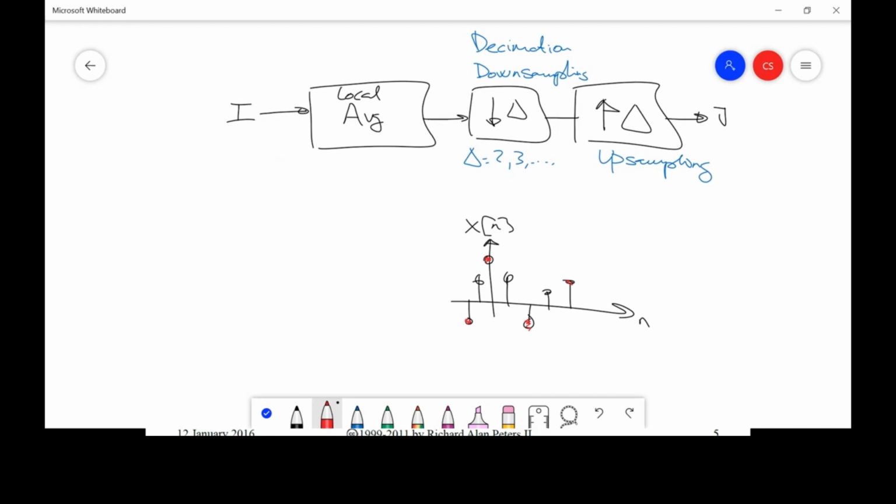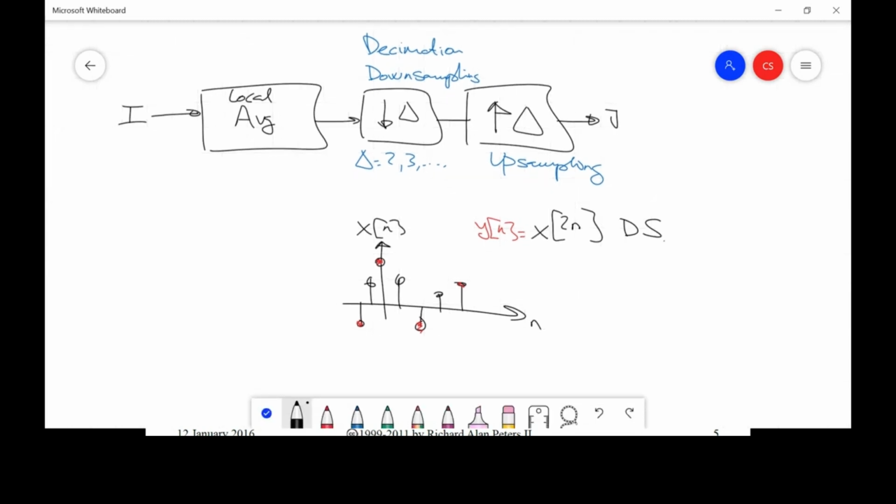So y of n is x of 2n. This is the downsample. And typically you can represent it also by this operation. So you do the downsampling by factor 2.